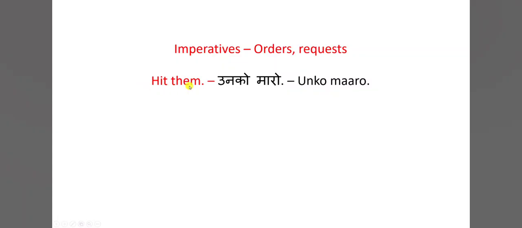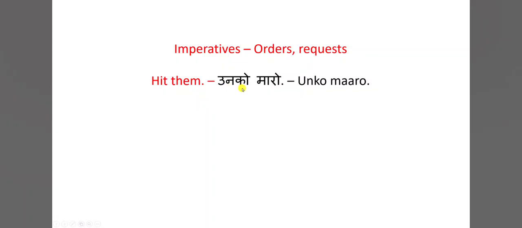So this sentence in reality is you hit them, but we do not say you aloud. So you is hidden. You is the subject, hit is the verb, and them is the object here. And them refers to humans in this sentence, and so unko. Ko is added and it is used. You can refer to the first table that I showed you in this video.